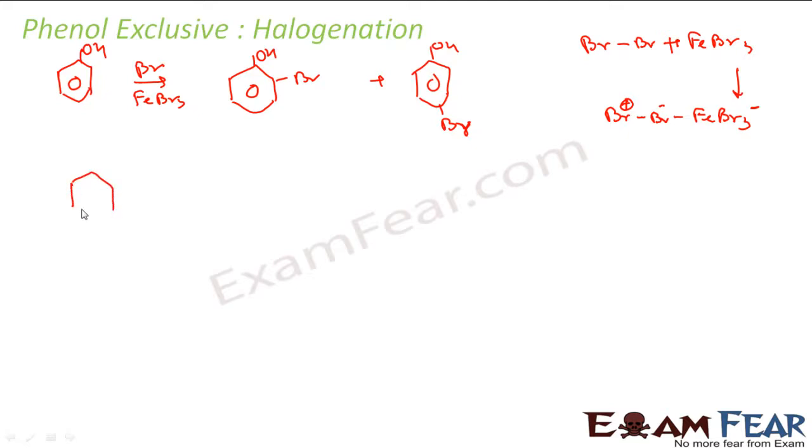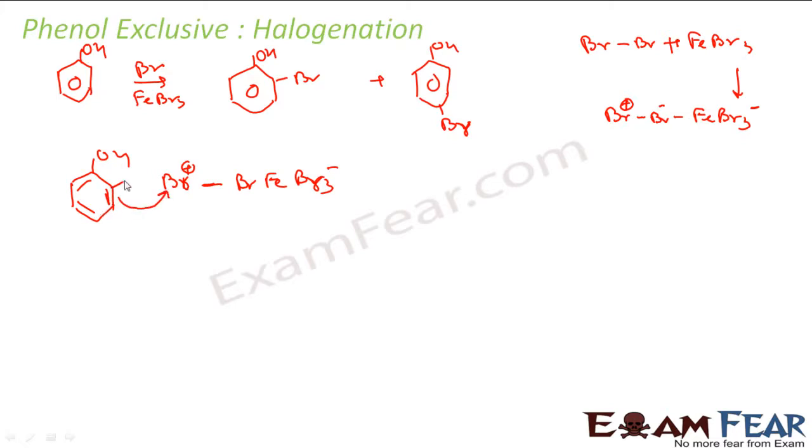See, this OH, this is my phenol here, and I get this Br plus here, with FeBr3 minus. So let's see this reaction now. There are a lot of electrons here. This will attack this Br plus.